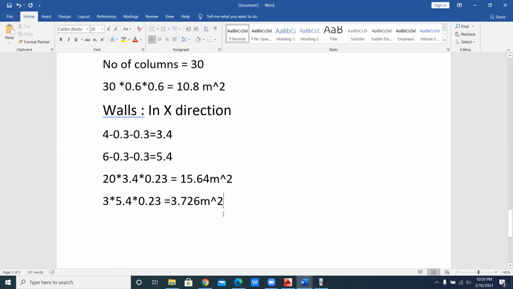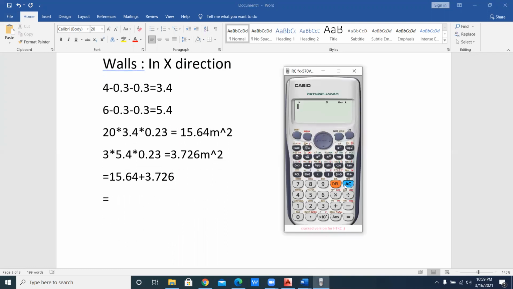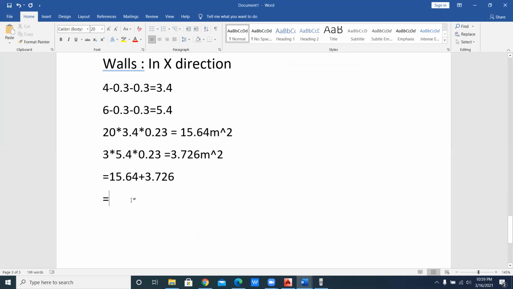These two values you get here, and you have to add both: 15.64 plus 3.726. So we normally get 19.366.